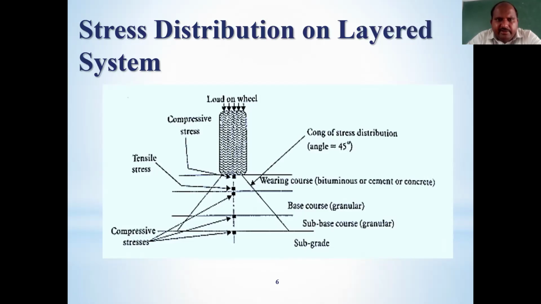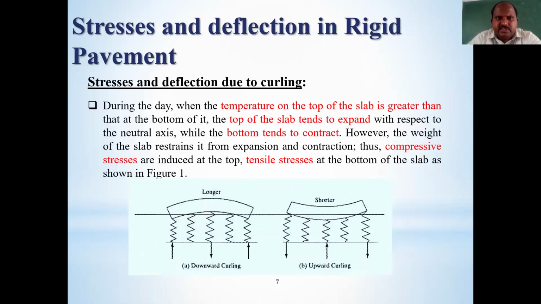If the wheel load is acting, that means compressive stress, tensile stress, and also shear stress distributions. So these are the stress and deflection in rigid pavement. There is also stress and deflection due to curling.